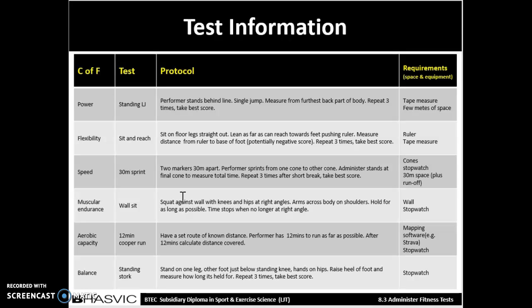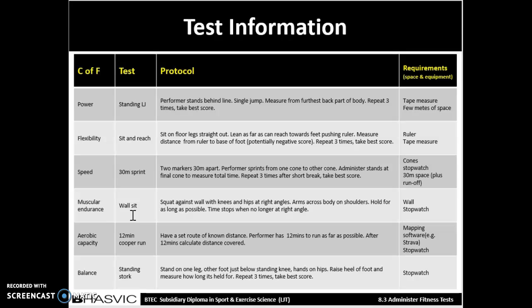This is so that I can accurately stop my timer, so that I can get the most accurate times as possible. I would then repeat this 3 times after a short break to take their best score. And for this I need cones, a stopwatch to measure their time, and 30-meter space plus a bit of runoff to allow for safety there.